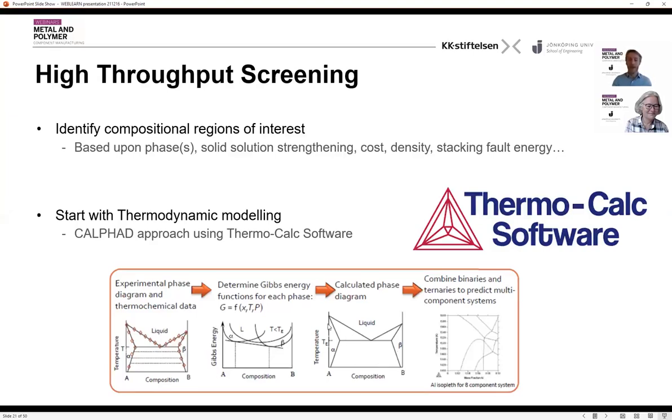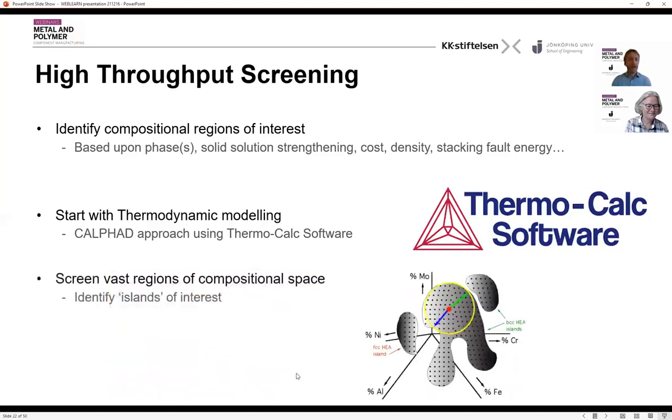If you combine multiple binaries and ternaries together, you can predict phase diagrams for systems that we haven't investigated, with pretty good accuracy. And Thermo-Calc is always improving their databases, and we've seen some quite significant improvements from each HEA database with our simulations and experimental results so far.